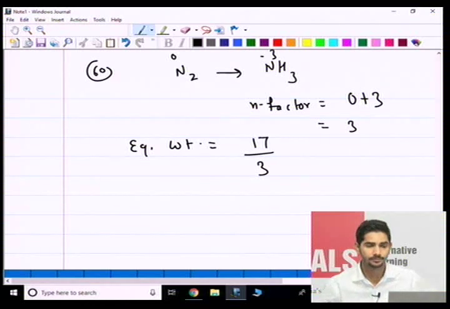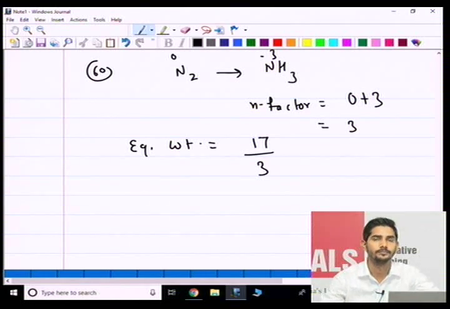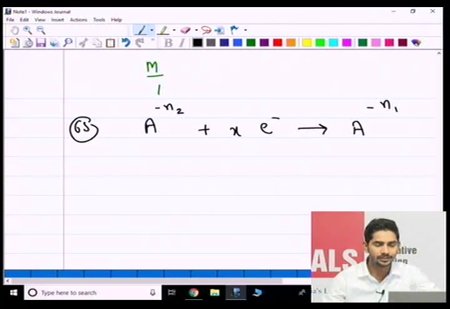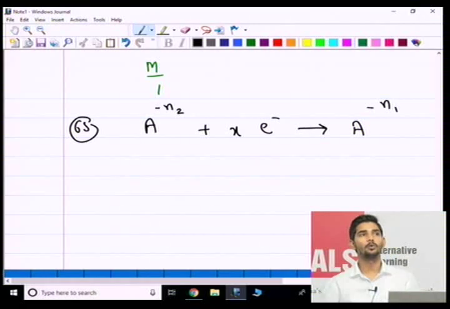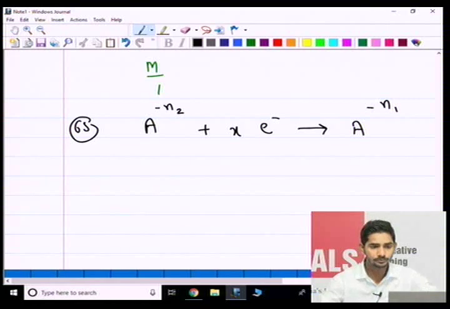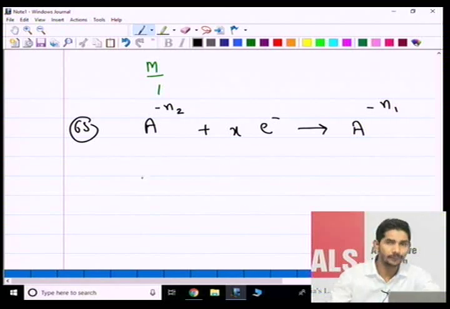Okay, copy please. Now, in the question number 65, guys, ultimately we know that the total charge on the left hand side should be equal to total charge on the right hand side. Okay. So, what value can we put for the X so that the total charge will become equal?